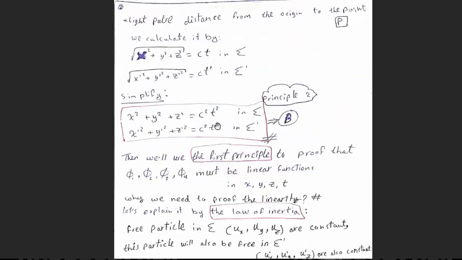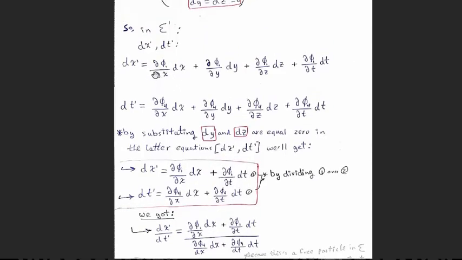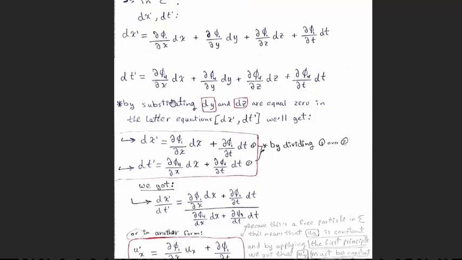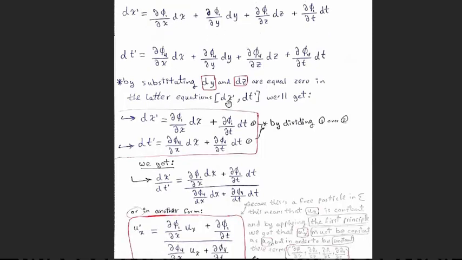When we apply it, we get d phi 1 over dx multiplied by dx, and so on, and the same for dt dash. By substituting dy and dz equal to 0 here, we get rid of these four terms.